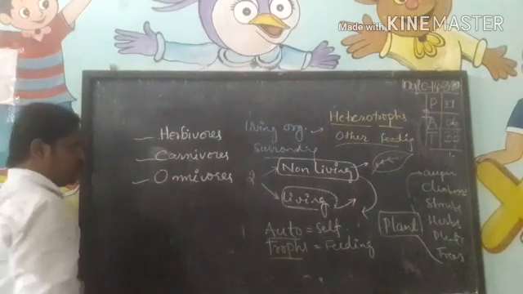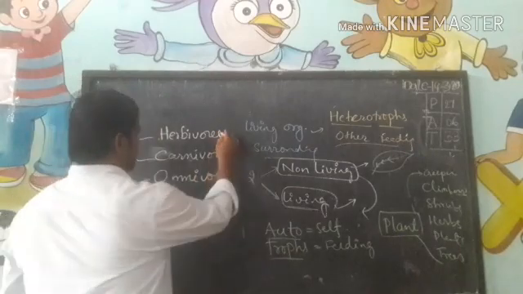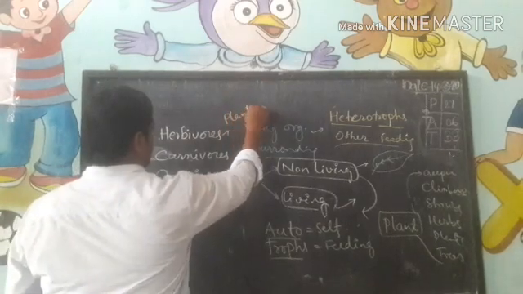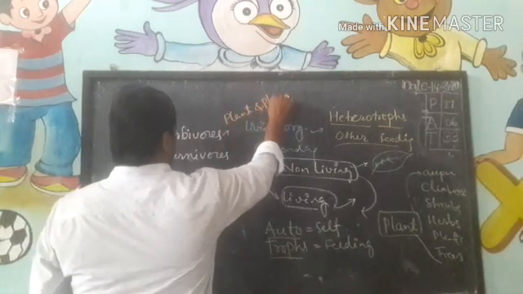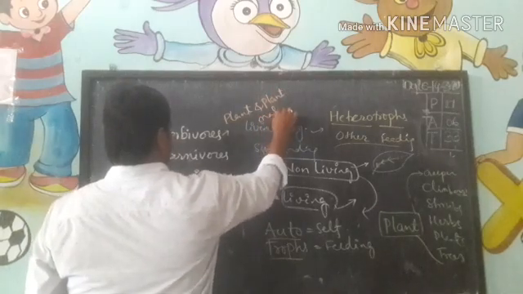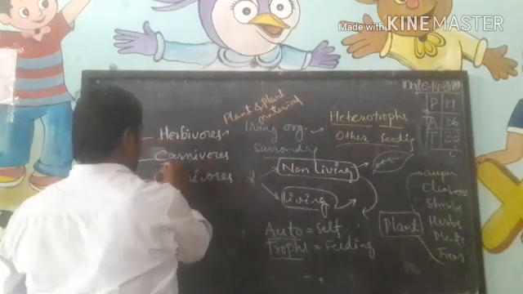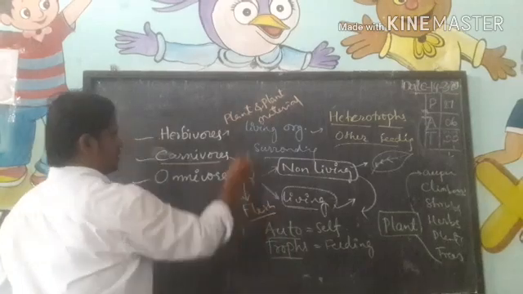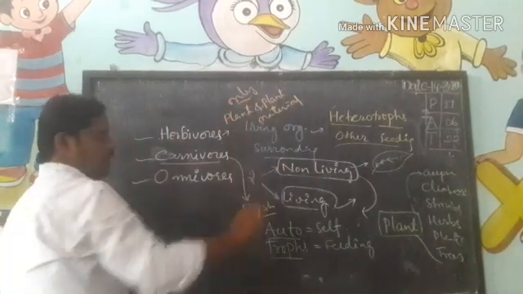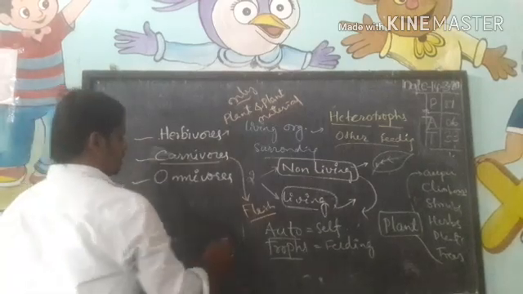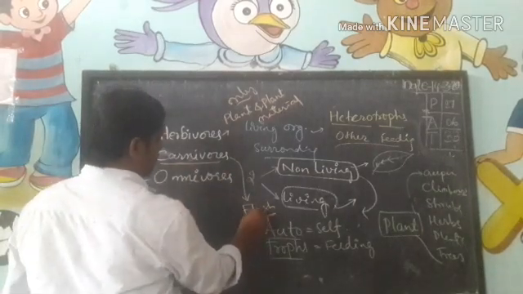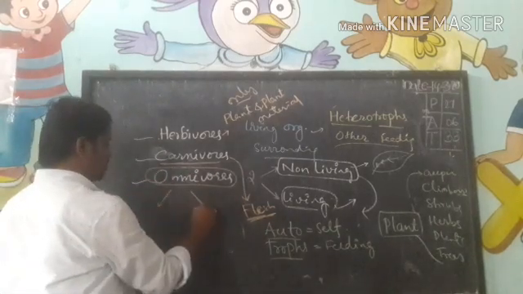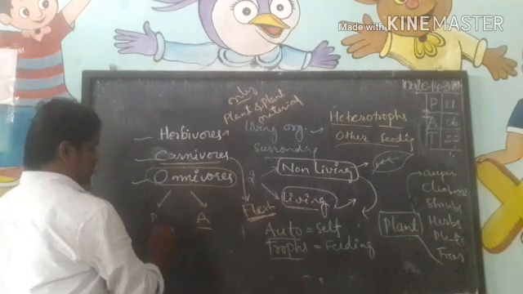Herbivores are the animals which eat only plants and plant material. Whereas carnivores eat only flesh. Herbivores eat only plants and plant products, whereas carnivores eat only flesh. Whereas omnivorous animals eat both plant products and animal products.